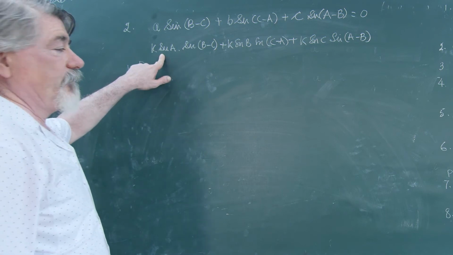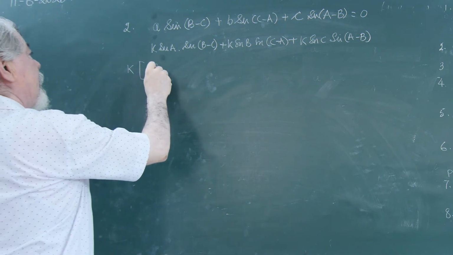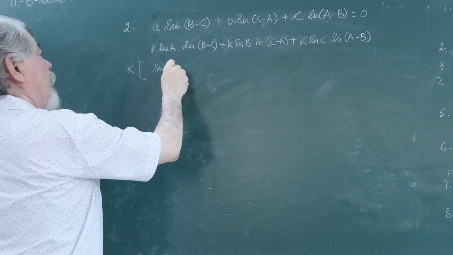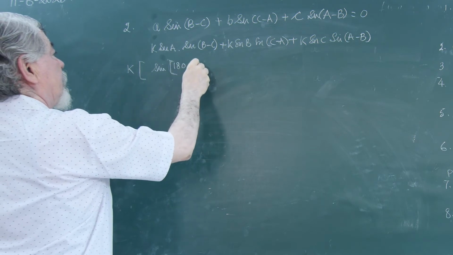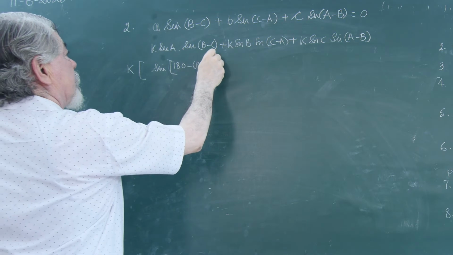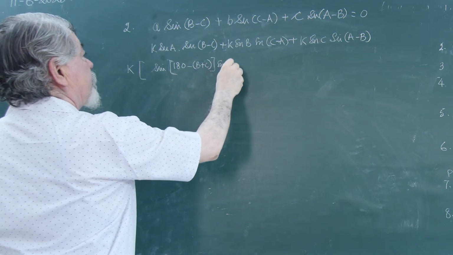Now sine a can be written as sine(180 minus (b plus c)) multiplied by sine(b minus c).